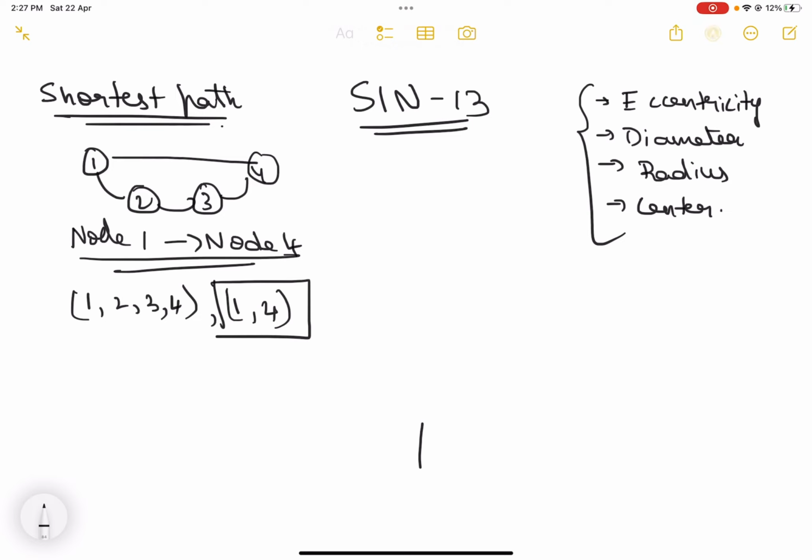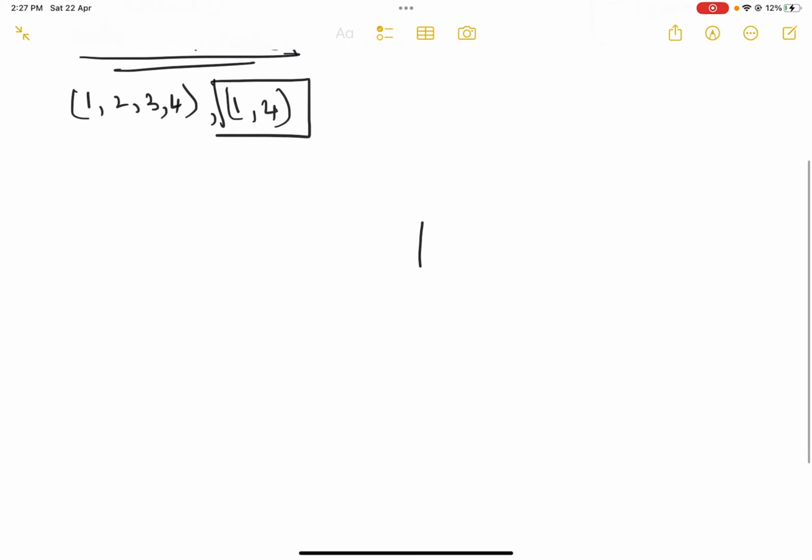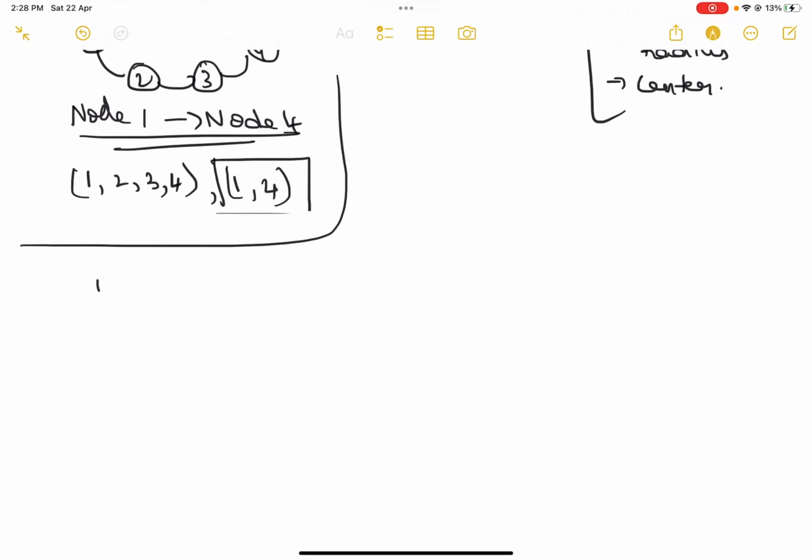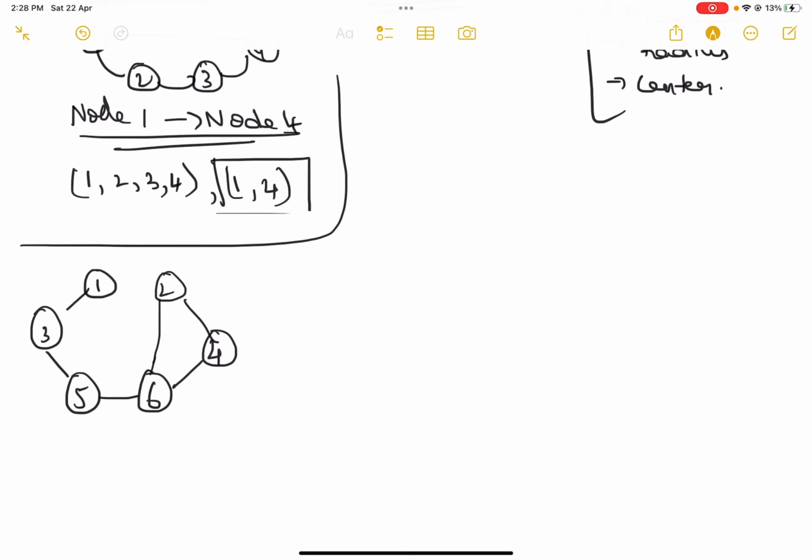Now, as we move forward, let us look at what eccentricity means. Now that we've understood what shortest path means, let us understand what eccentricity actually is. Let's take a graph as an example first. Let's say this is a graph that we have.